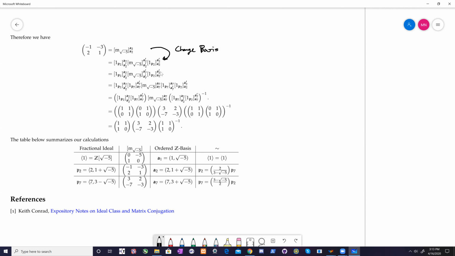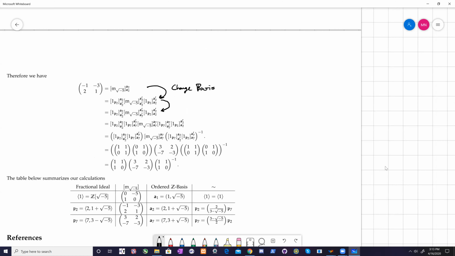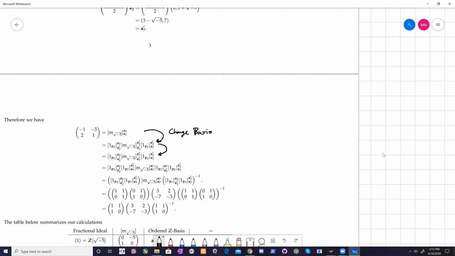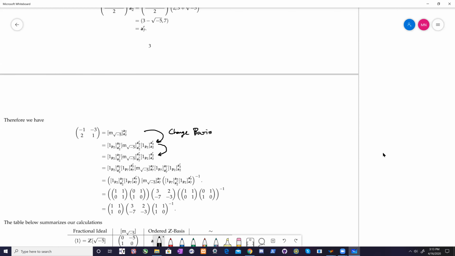And now from this step to this step, this follows from the fact that 3 minus square root negative 5 over 2 times A2 prime is equal to A7 prime.